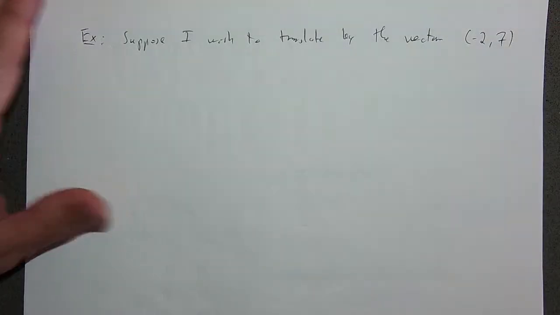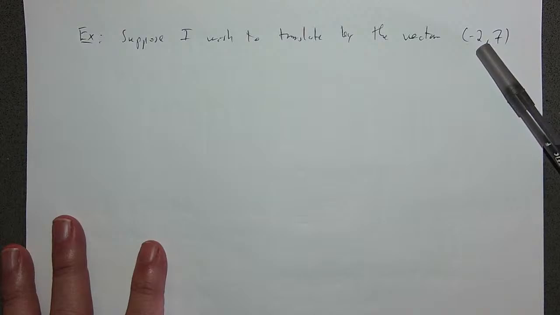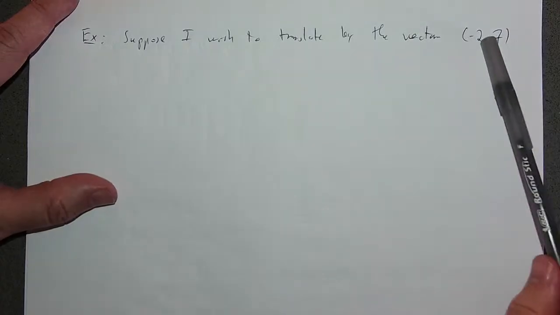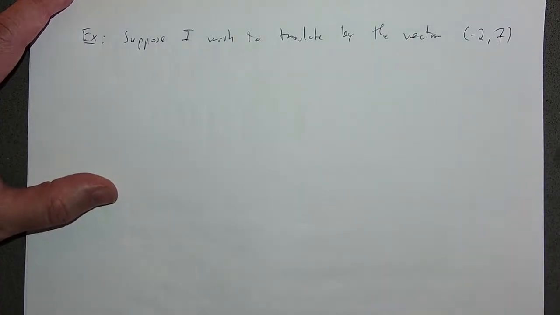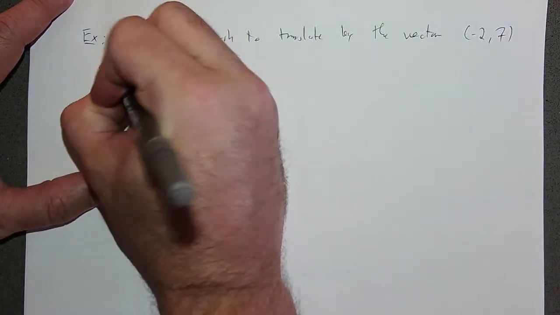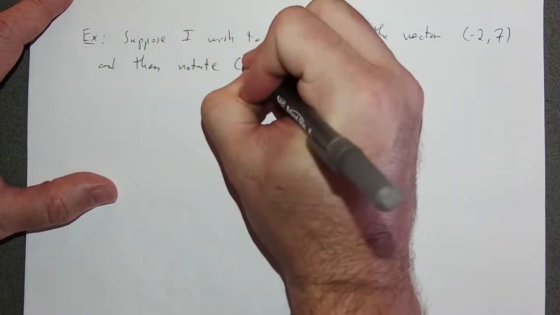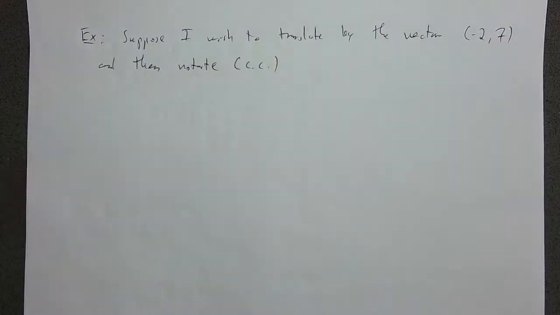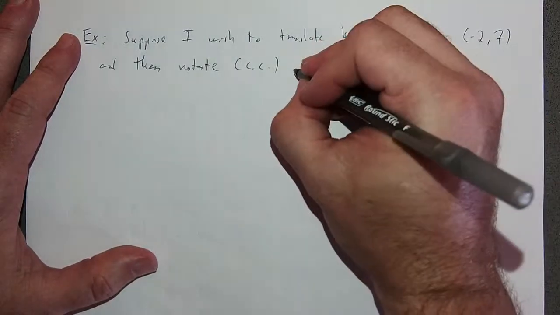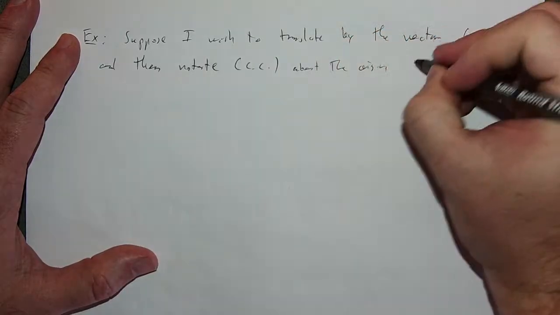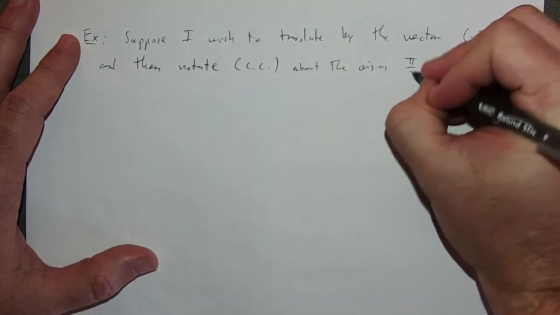Remember, we can interpret this as translating in the x direction by minus 2 units and by 7 units in the y direction. But this is really a single translation, so I don't want to phrase it like that. And then rotate counterclockwise. Again, I'm not going to specify this every time. When I say rotate, you can just assume that it's counterclockwise. And then rotate about the origin pi over 2 radians.